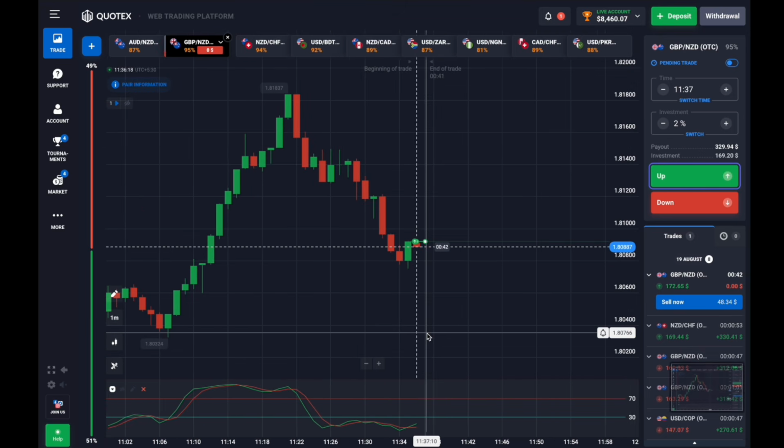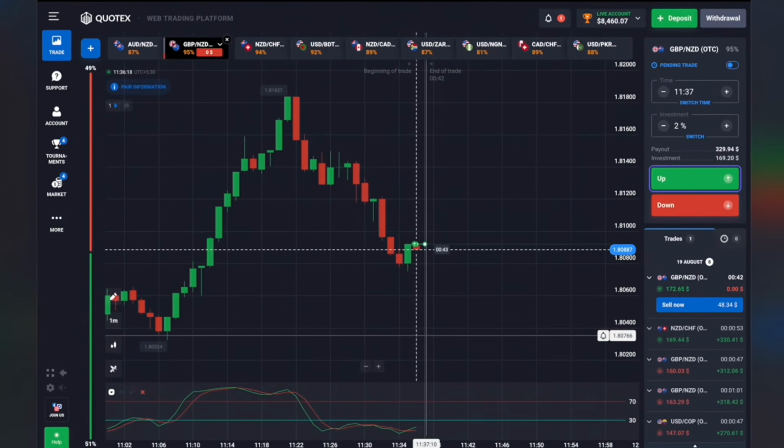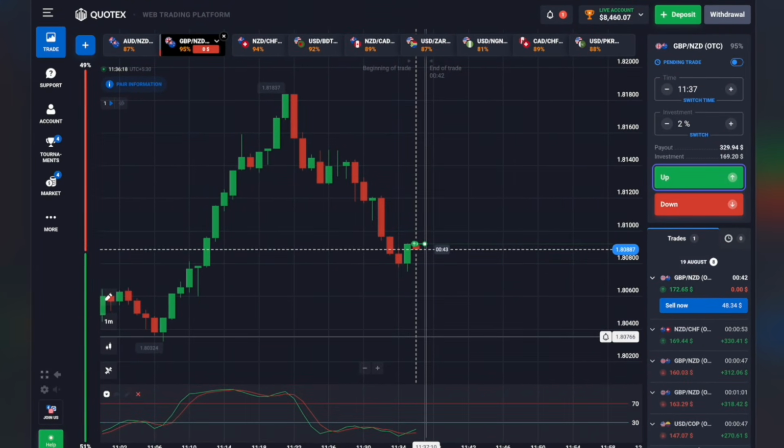My second confirmation, we also have confirmation from the stochastic oscillator, which is showing that the price is relatively low, which supports the possibility of a bullish reversal, which it did. And after the bullish engulfing candle, and because of the confirmation from my stochastic oscillator, I've taken a call entry. These two confirmations are very powerful, and let's see how this trade will go.